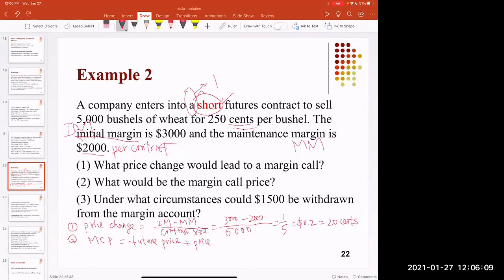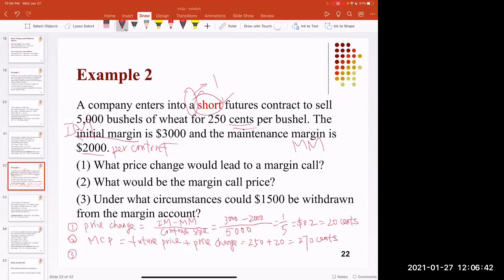Because you take a short position, you gain when the futures price goes down and make money. If the price goes up, you lose money. So the futures price currently is 250 cents, plus the 20 cents change, so 270 cents. If the futures market goes up to 270 cents, you're going to receive a margin call because you took a short position.